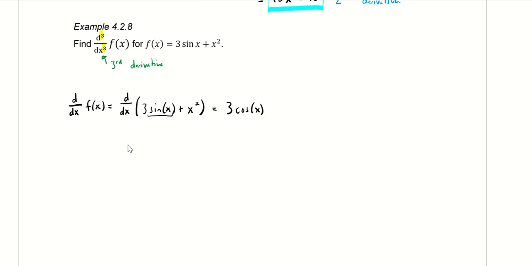Here, notice I'm taking a little bit of a shortcut with my steps, plus derivative of x squared using the power rule, 2x to the 2 minus 1, which gives us 3 times the cosine of x plus 2x. So this is my first derivative.